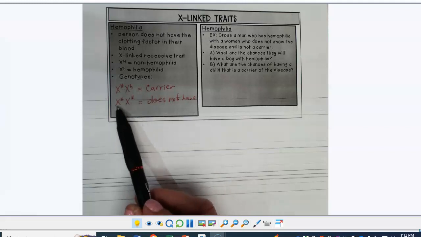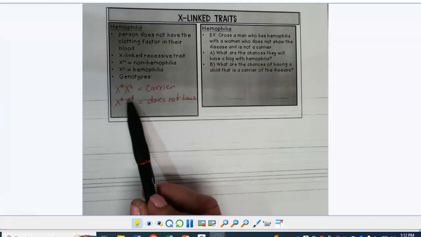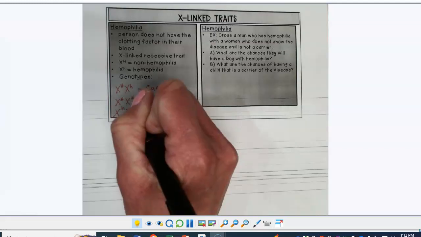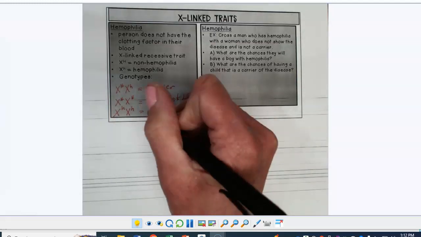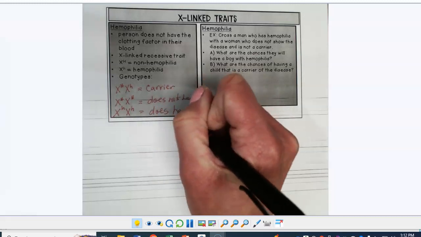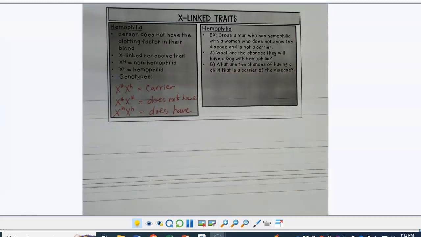You could have a female that has the 2 dominant alleles and she does not have hemophilia. Okay, you could have a female who has the 2 recessive alleles and she does have it. She does have the disorder, and you're going to want to write all of these genotypes into your notes. So those are the females.